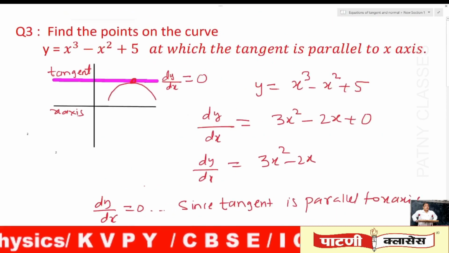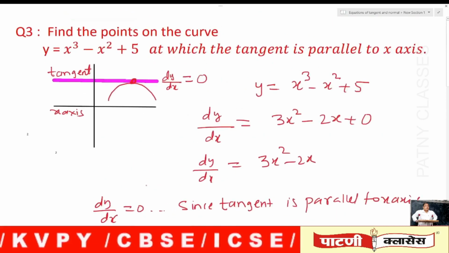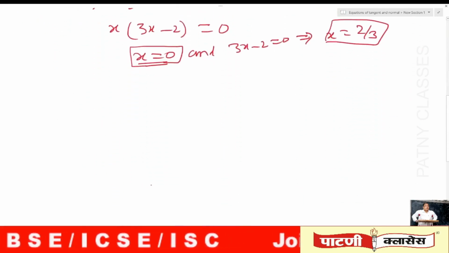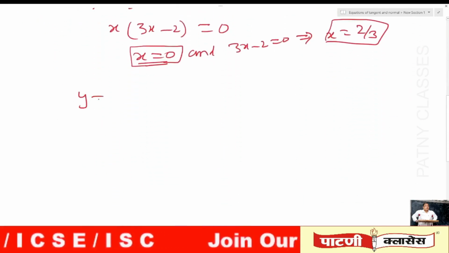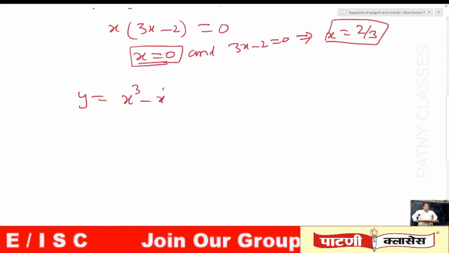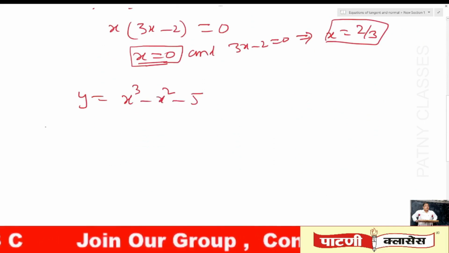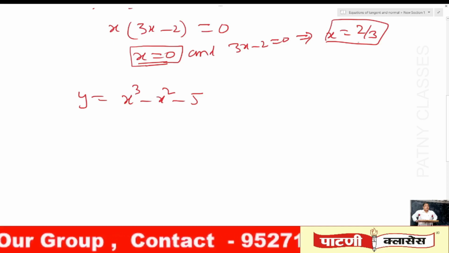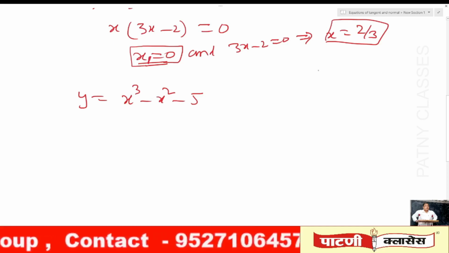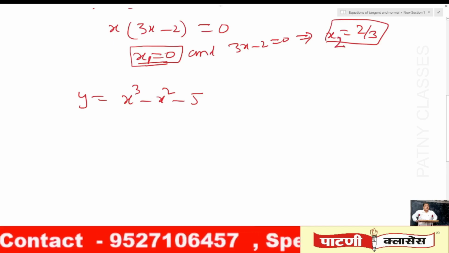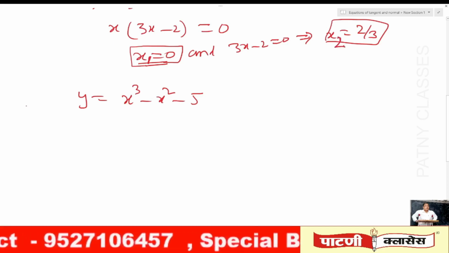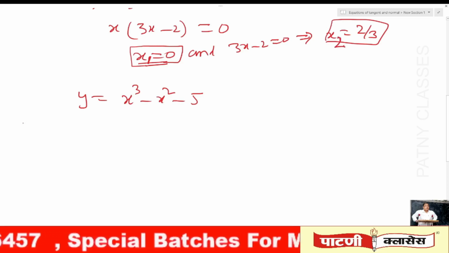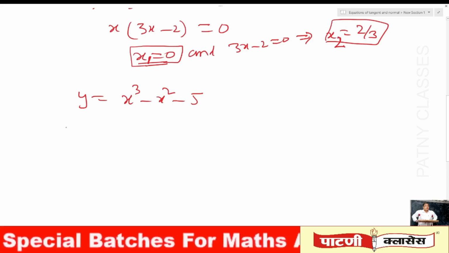Now the given equation is y equals x cube minus x square plus 5. We got here the two values, x equals 0 and x equals 2 by 3. We can call them x1 and x2, and the corresponding values of y would be called y1 and y2. So how to find y1 and y2? We use the given equation of the curve.